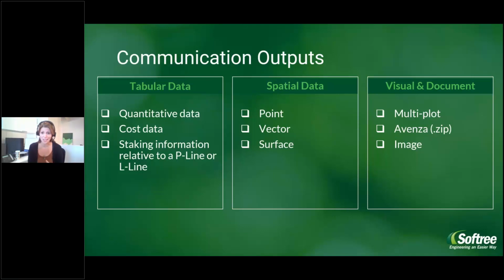We've got our spatial data that often ends up back in another software, such as Esri or ArcGIS. And then we've got our visual or documentation outputs that include visual and annotated information. In particular, we've got Multiplot here, as well as other options such as imagery, DWG files, and exporting out to Avenza. So there's a bunch of different tools, there's a bunch of different strategies, and there's a whole bunch of different functionality that can help you communicate.